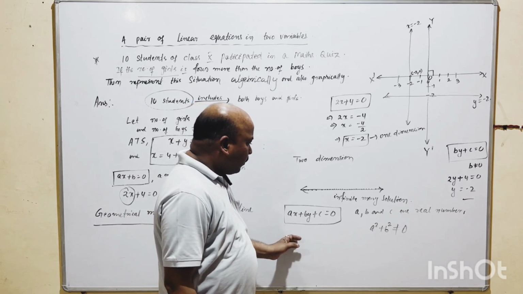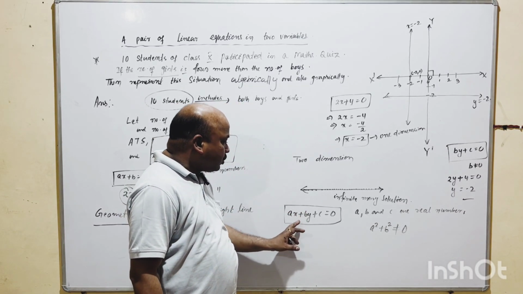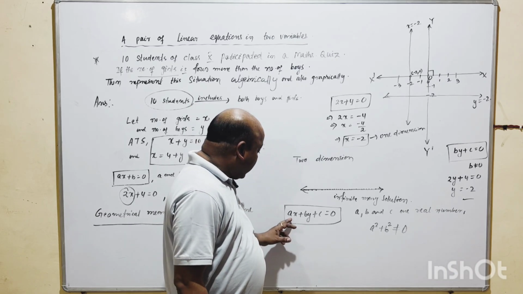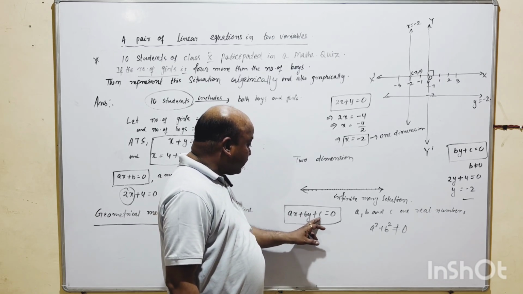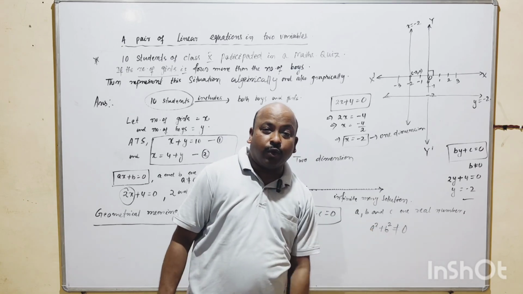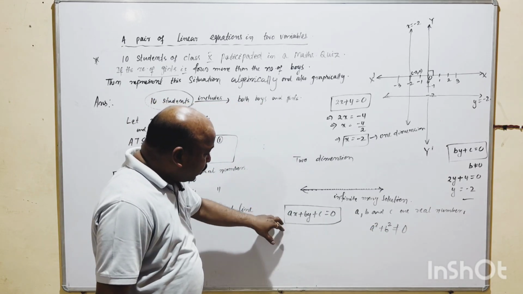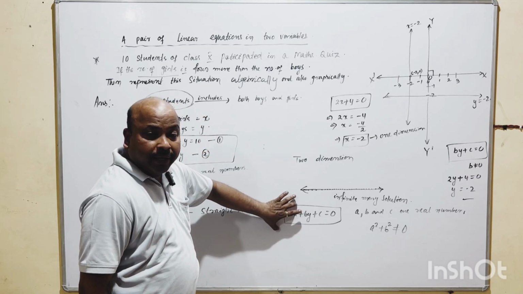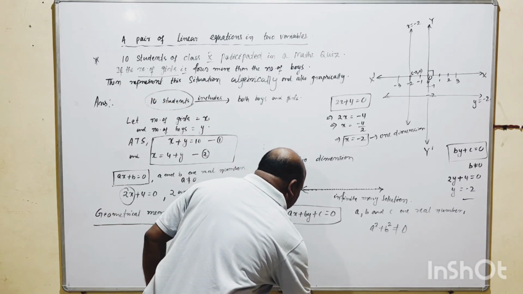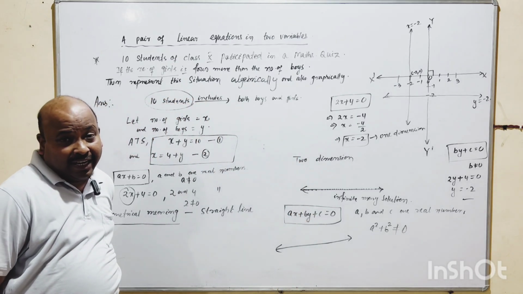So the standard form of a linear equation in two variables is ax plus by plus c equal to 0, where a, b, c are real numbers and a square plus b square is not equal to 0. This is the condition. The geometrical meaning is a straight line.